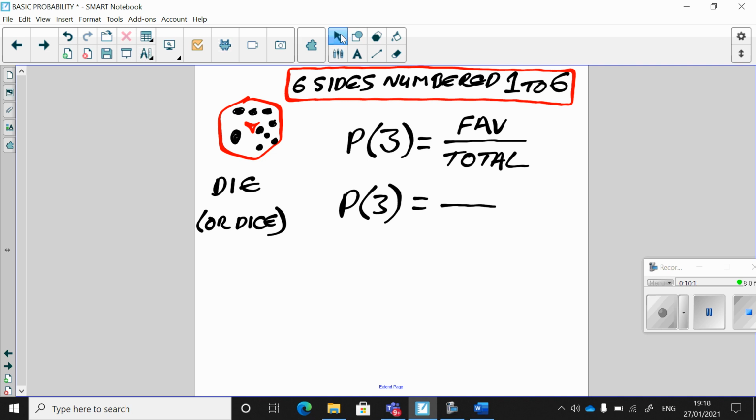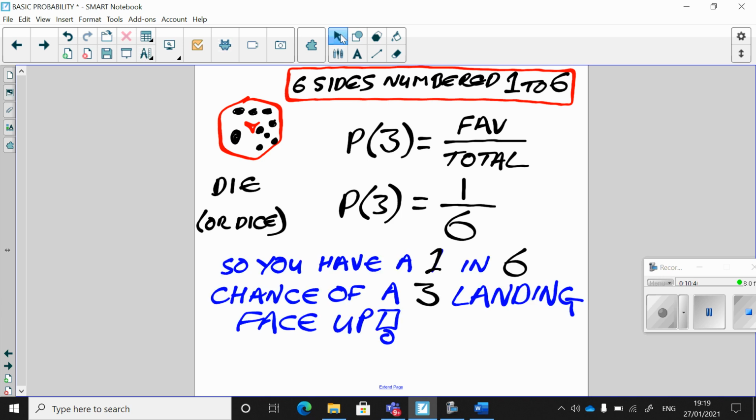So how many 3s do we have on our dice? And you're going to tell me there's only one, hopefully. Right, there is. And how many faces have we got? Total of 6. So probability of 3 is 1 over 6. Just leave it like that. That fraction is irreducible. If you put 1 divided by 6, you would get something like 0.166666666. Leave it. We don't want that. And sometimes they refer to that saying you get a 1 in 6 chance of a 3 landing face up.